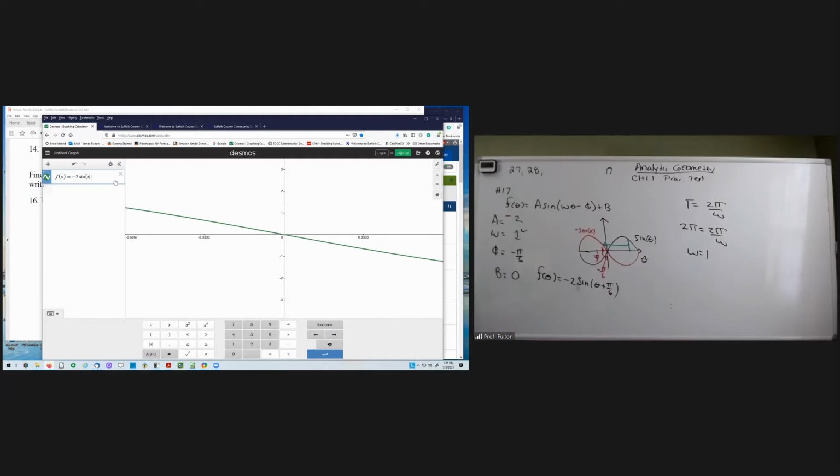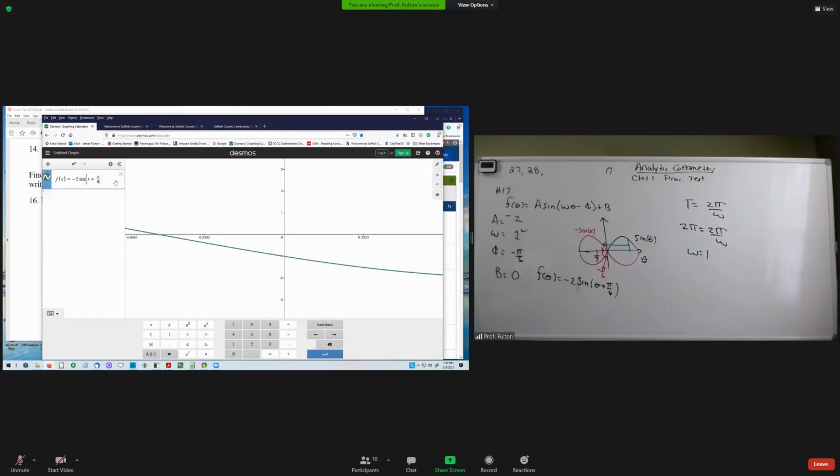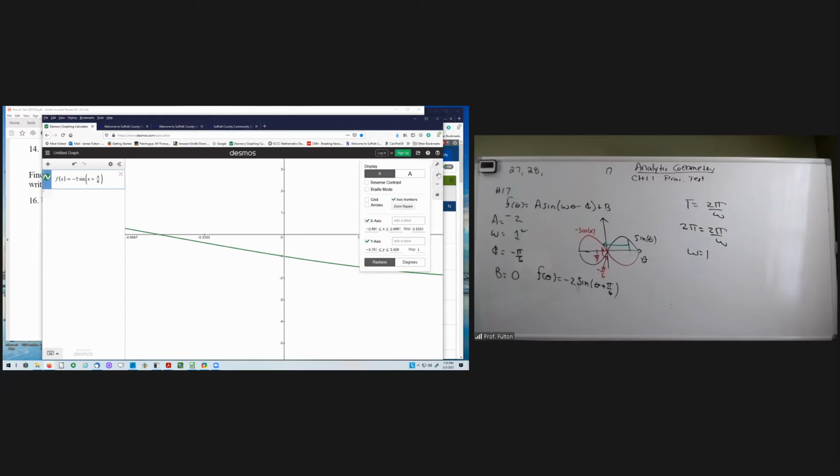Fine, omega is 1 plus. Okay, let's take a look at setting this up so I can see it a little bit more nicely. So in the textbook, it looks like it's going from minus 2 pi to 2 pi.